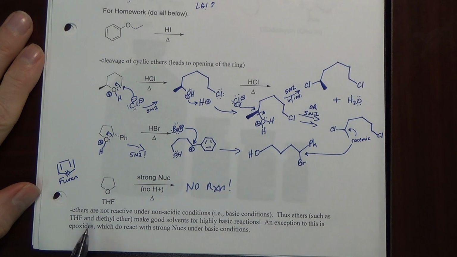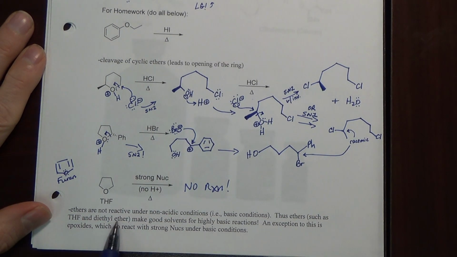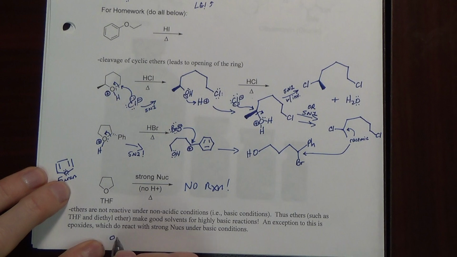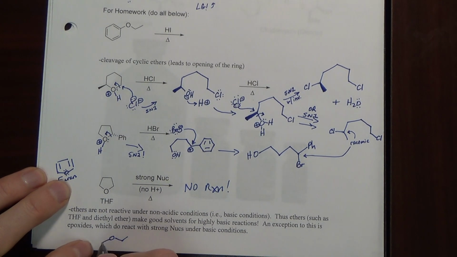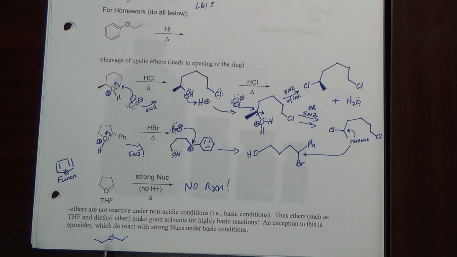Okay, so ethers such as THF or diethyl ether, which you saw in the nomenclature most likely, and I think we've used diethyl ether in the lab, much more common, are good solvents for highly basic reactions. An exception to this general note is epoxides.